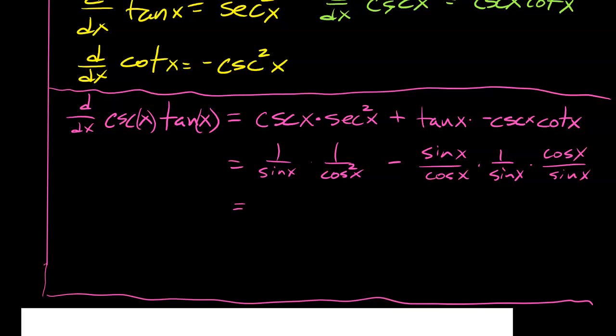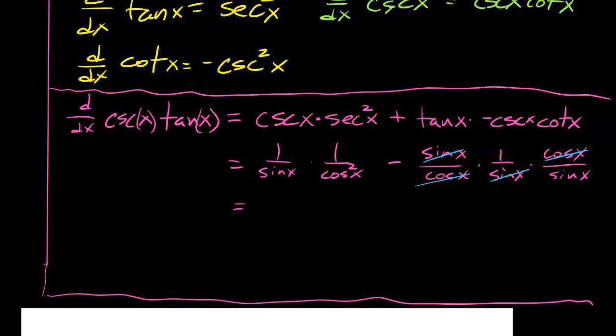And so cosecant secant squared doesn't do anything. I mean, like, nothing cancels. But the second term definitely does. I've got a sine and a sine. I've got a cosine and a cosine. And I'm actually left with just 1 over sine. So I can do this different ways.